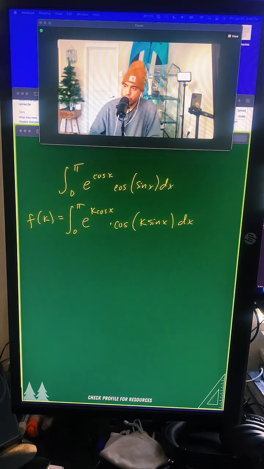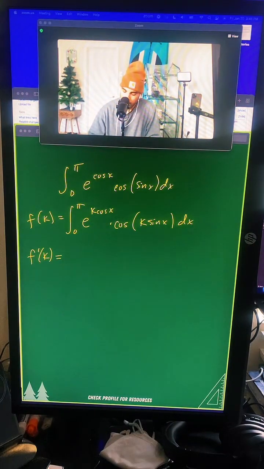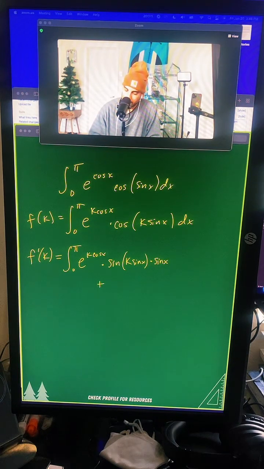So, according to the Feynman technique here, we're going to go ahead and take the derivative. And I guess since both of these values have k, I have to use the product rule. So it's going to be e to the k cosine x times sine of k sine x times, and then this is just going to be sine x since it's a partial derivative, and then plus cosine x e to the k cosine x cosine of k sine x dx.